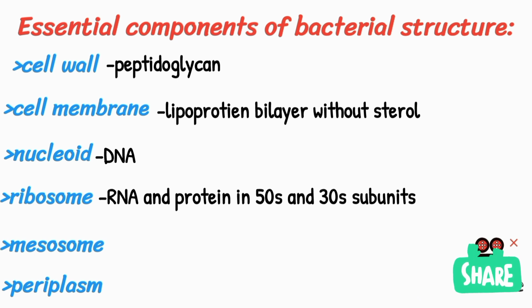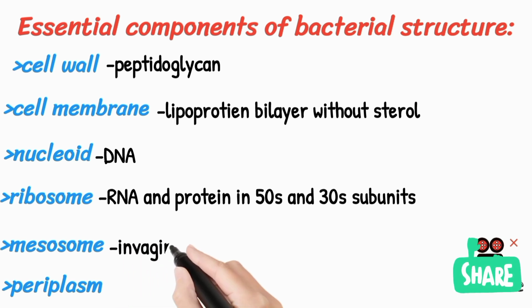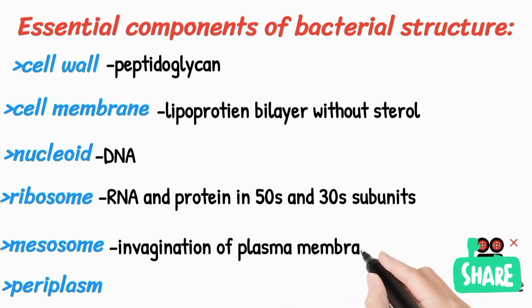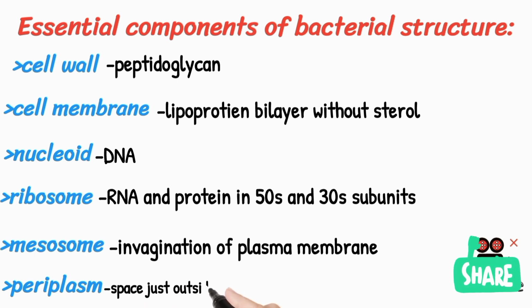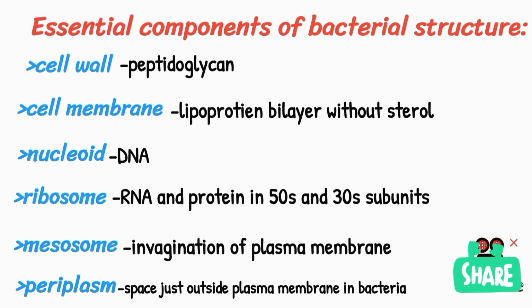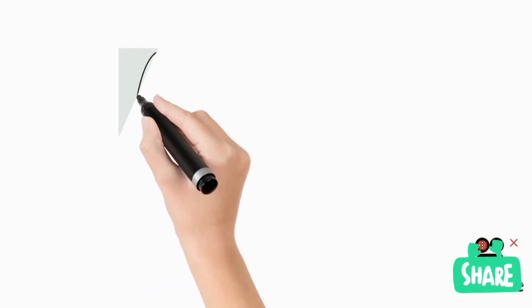Then we have mesosome. It is basically formed by invagination of the plasma membrane, and it has an important role in cell secretion and division. Finally, we have periplasm. This is basically a space just outside the plasma membrane in bacteria. And then we can see here how mesosome is formed.